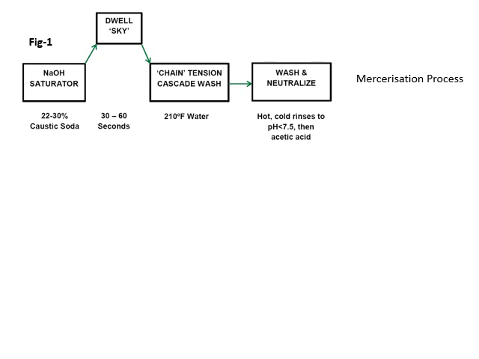The total dwell time of the caustic soda in the fiber prior to washing is normally 30 to 60 seconds. In the stabilization section, the fabric is held by the edges in order to exert the tension necessary for the full development of the final mercerized fabric properties.